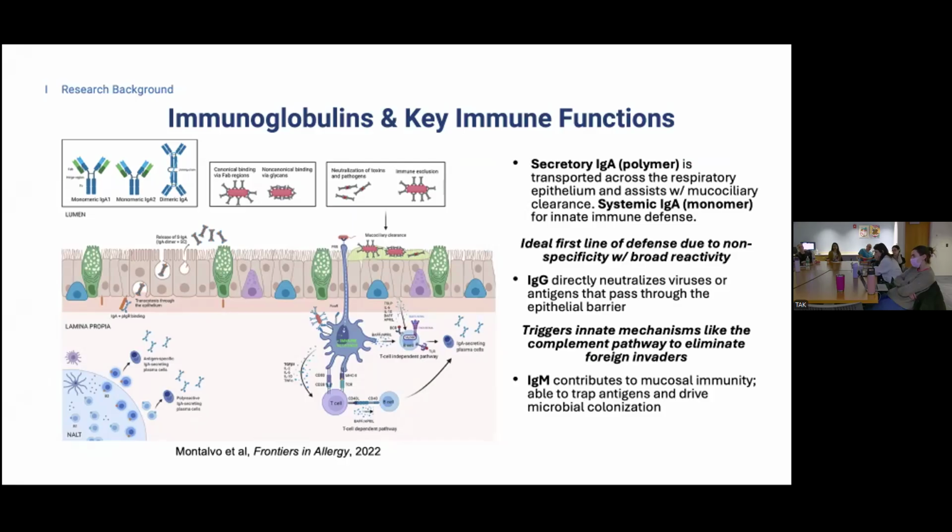Secondly, I don't have a picture of IgGs, but IgGs directly neutralize viruses and antigens that pass through this epithelial barrier, and have more specific mechanisms to trigger against foreign antigens. And then IgMs, lesser is known about how IgMs function, but we know that it contributes to mucosal immunity.